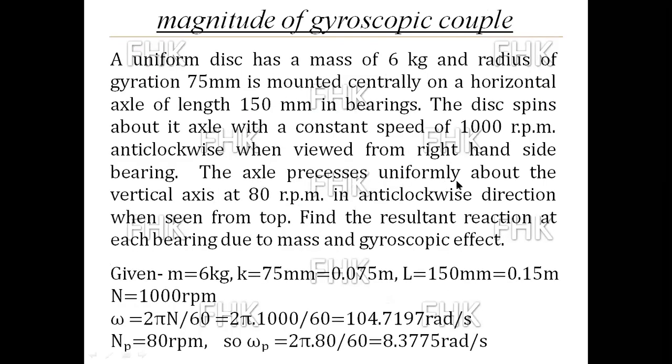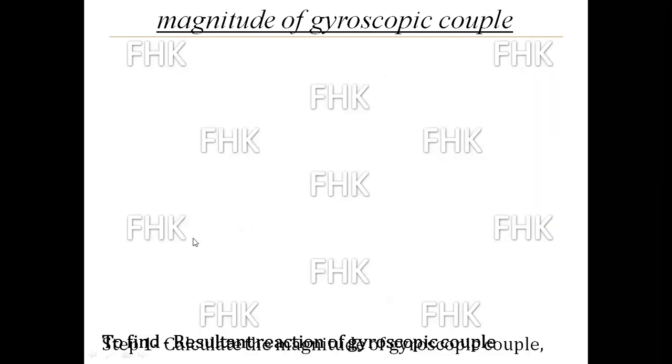The next thing given here is that the axle precesses uniformly about the vertical axis at 80 rpm in anti-clockwise direction when seen from top. Concentrate on this: anti-clockwise direction when seen from top.